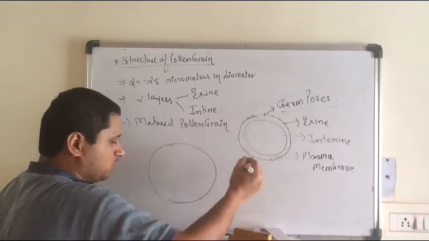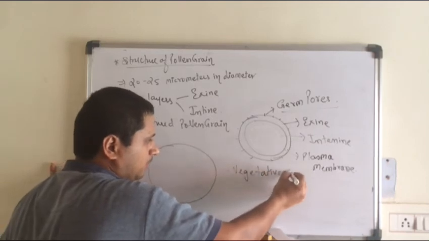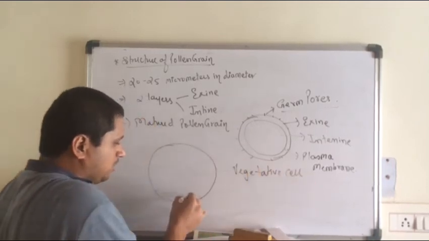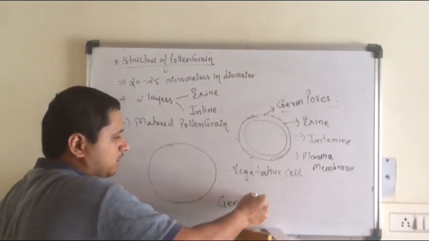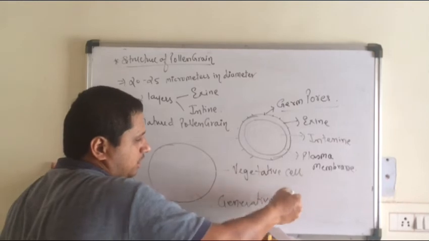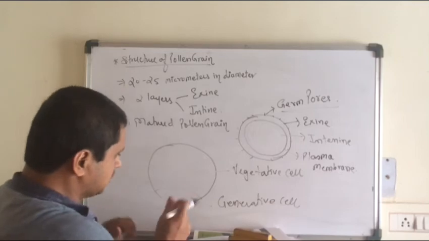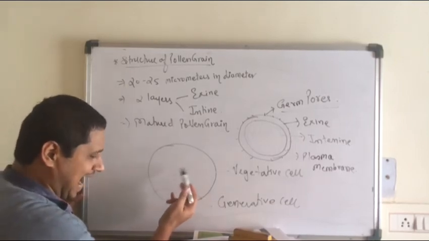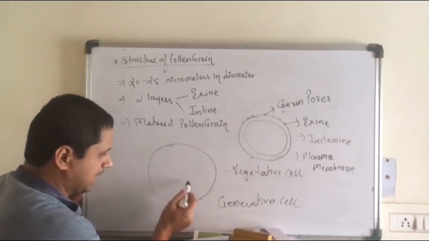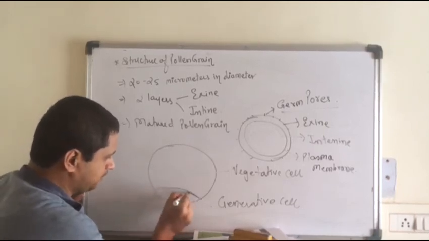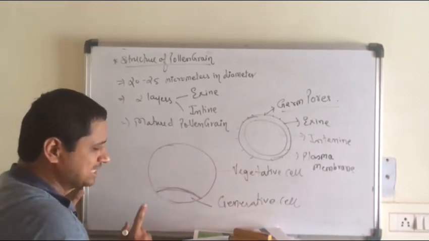The first part is known as the vegetative cell, and the other one is known as the generative cell. The vegetative part is spindle shaped, and 60 to 70% of angiosperms have these two stages, the vegetative and the generative cell.